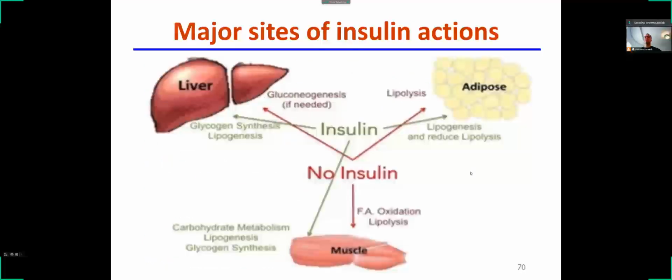Now, where are the tissues? Insulin's major sites of action: the liver is a major one. Adipose, the fat, is another major one. And obviously, muscle cells are also an important target and site of insulin action.